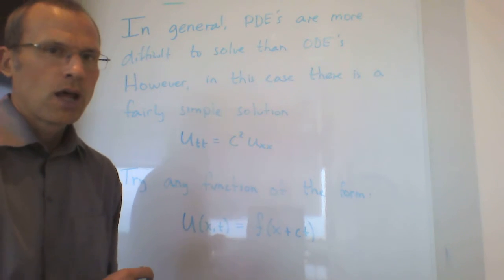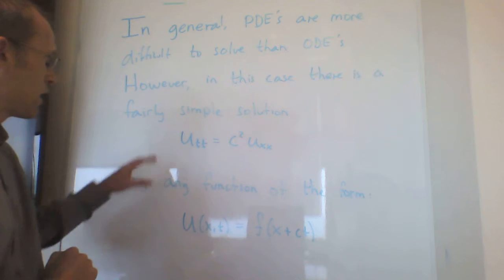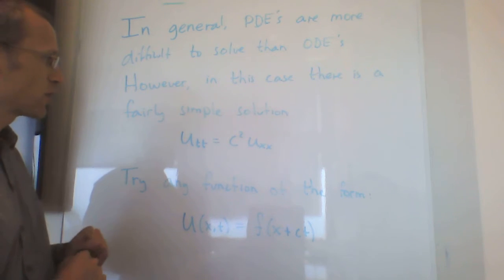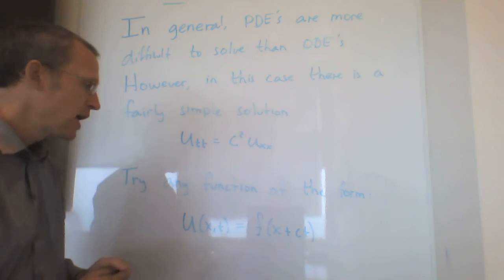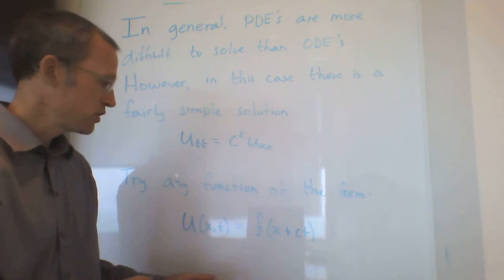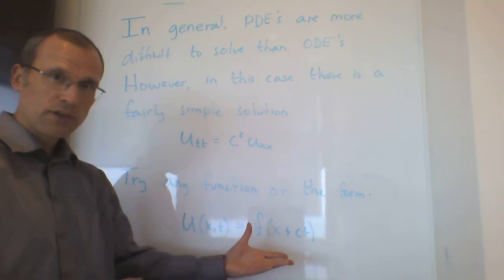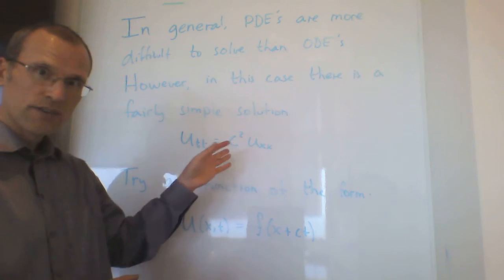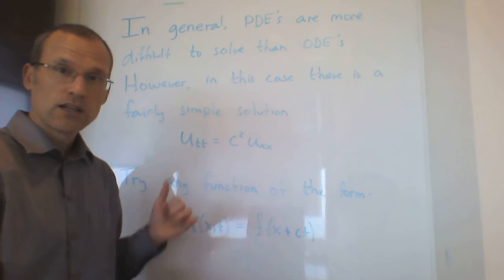So for this fairly simple solution, here's my wave equation, utt equals c squared uxx. The solution that I'm proposing is some function of x plus ct, so some function of one variable based on this combination, x plus ct, assuming of course it is differentiable twice. So any function that's differentiable twice that looks like this, I'm saying solves this equation.